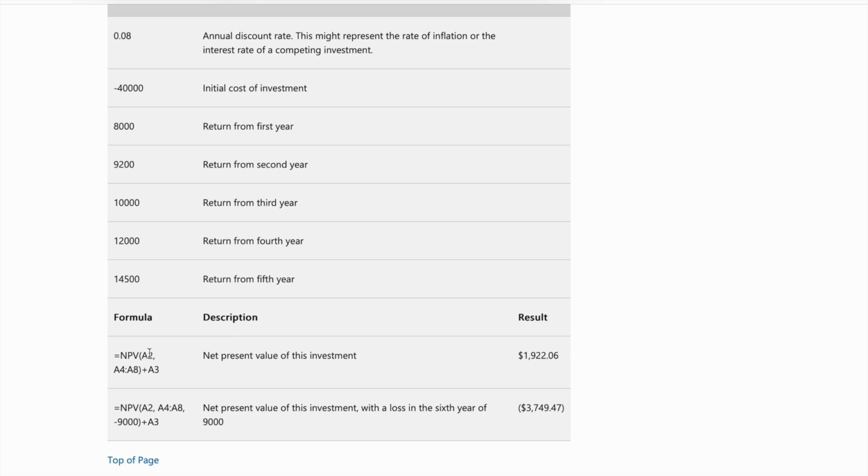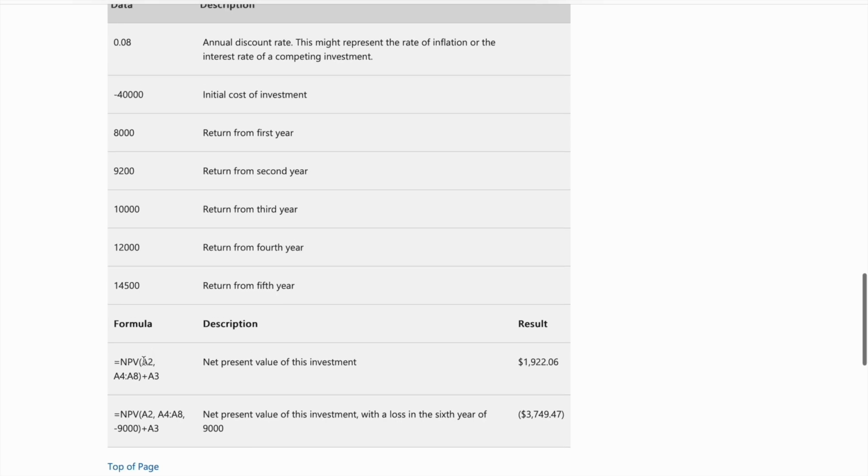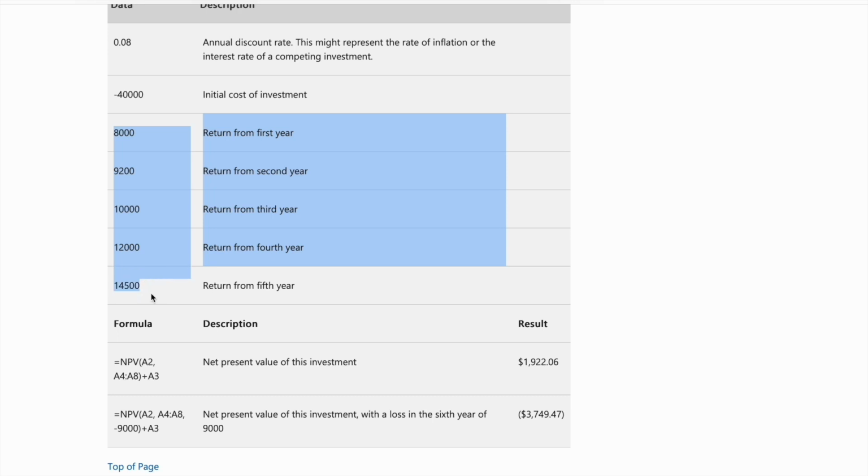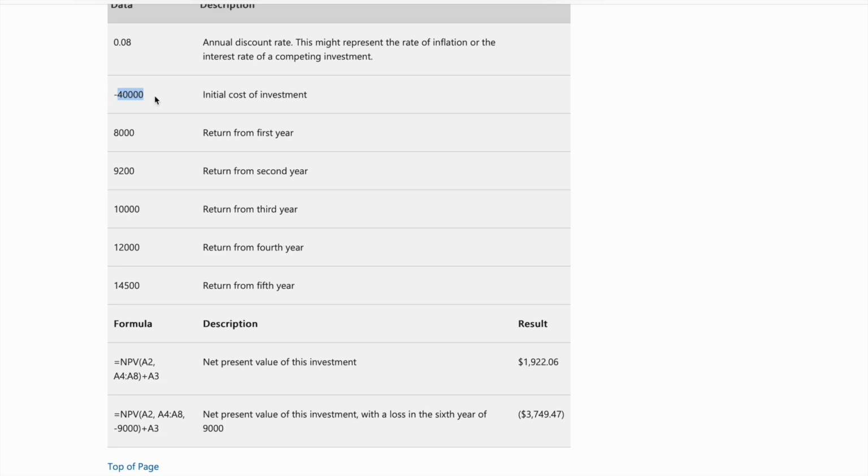So here what we are doing is we are giving the rate first, which is the discount rate. Then we are selecting the entire data from here, 8,000 till 14,500. Then we are subtracting 40,000 from that.